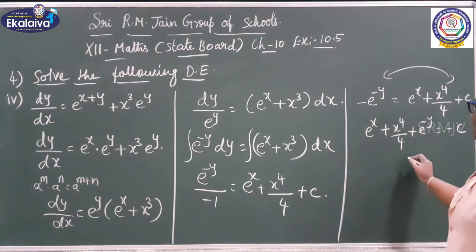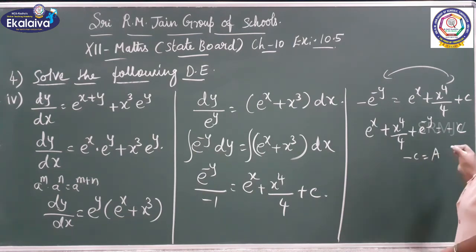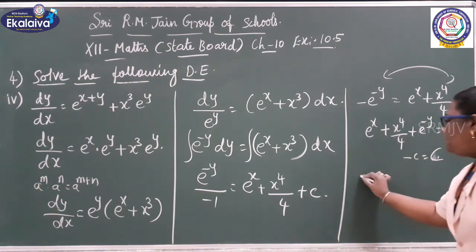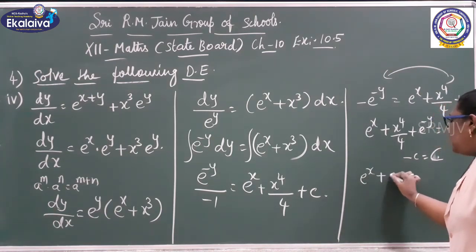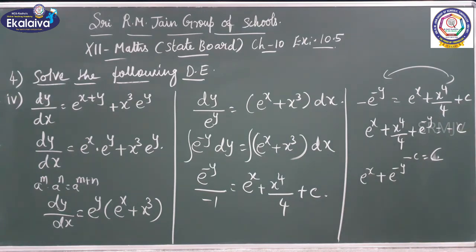So you can take minus c equal to a also, or otherwise minus c equal to c also you can write. E power x plus e power minus y plus x power 4 by 4 equal to c, because it is a constant, so minus c you can write in any form.